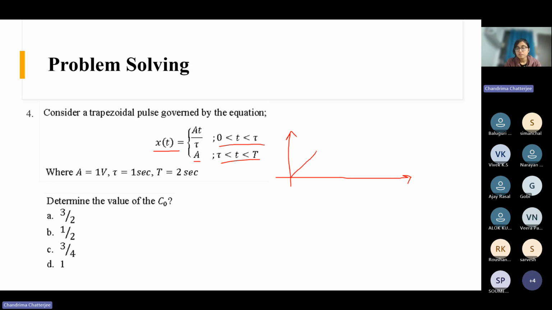First, this is a ramp from t equal to 0 till t equal to tau, then it is equal to A, and it gets repeated like this. Time period is capital T, and the values are given: A equal to 1 volt, tau equal to 1 second, capital T equal to 2 seconds. What is the value of C naught?